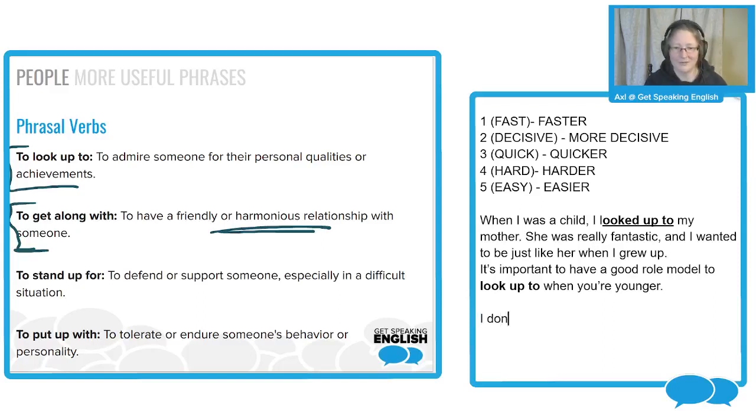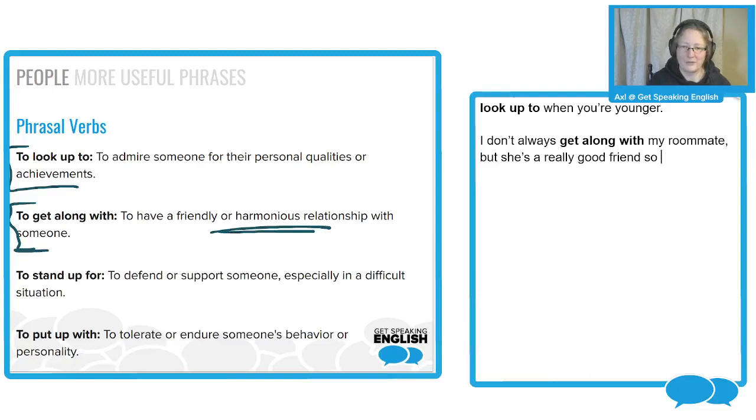So I don't always get along with my roommate, but she's a really good friend. So we try to keep it simple. If we keep something civil, that just means that we don't argue.